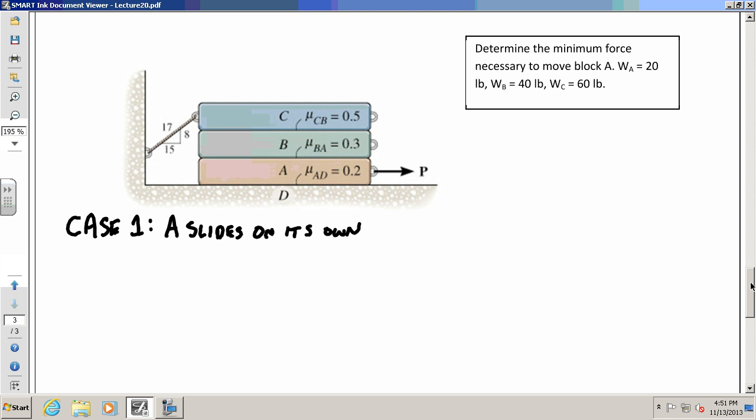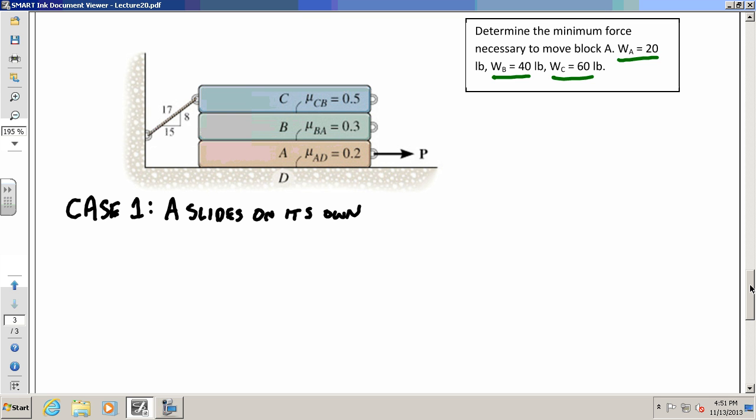It says WA is 20 pounds, WB is 40 pounds, WC is 60 pounds. Everybody see that? So we need to first analyze the case of A sliding out on its own.